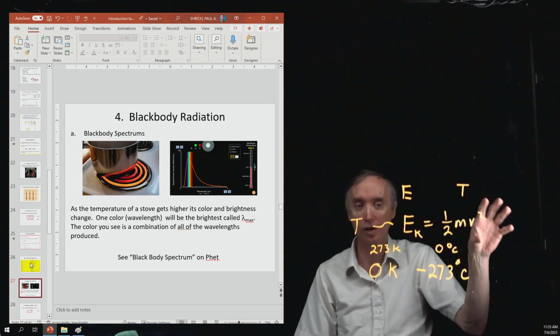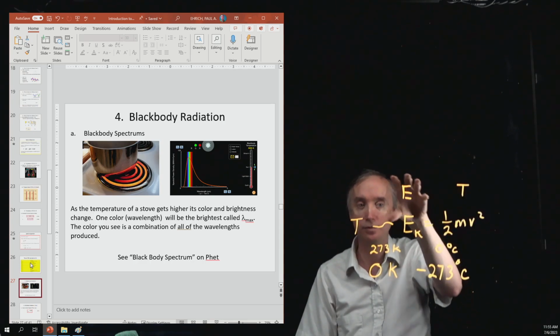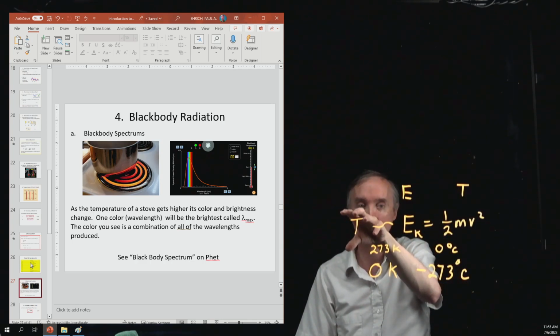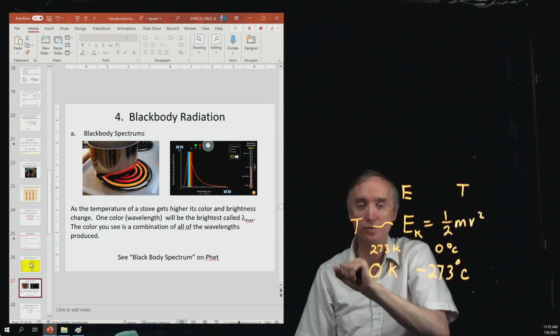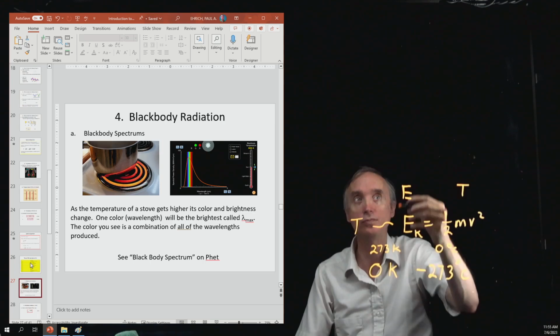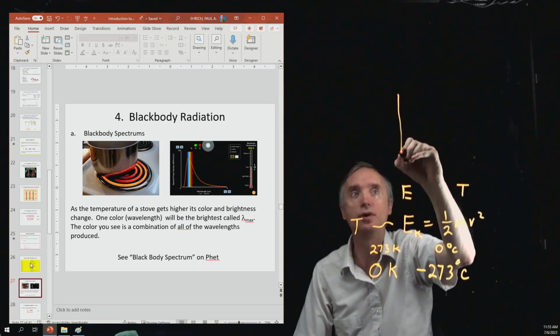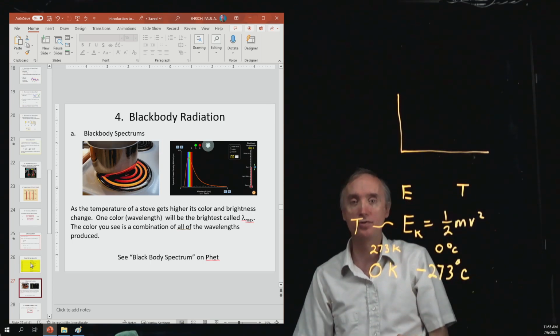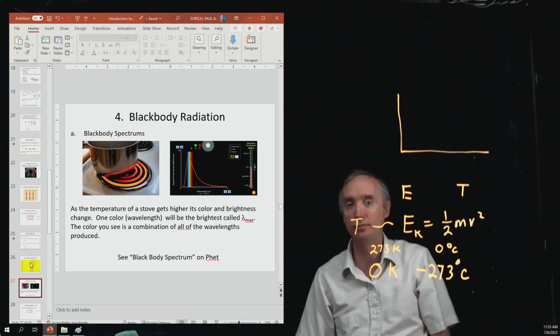So it gives off some radio waves, infrared, visible light, ultraviolet. So it's giving off all of those different parts, but different amounts. So I want you on the exam to be able to draw a black body spectrum.